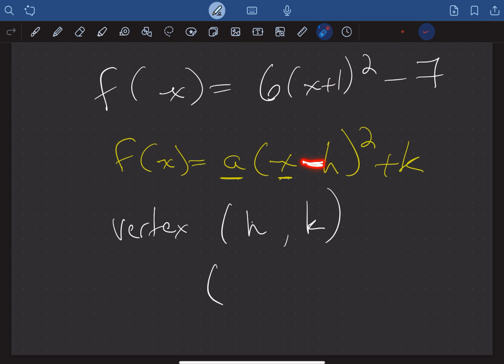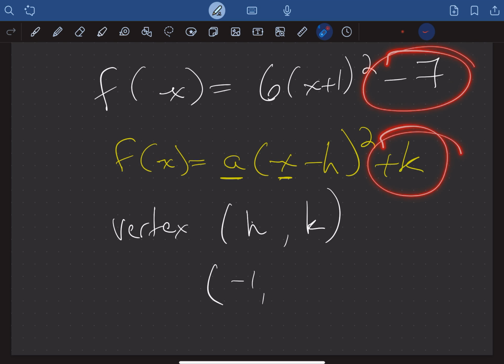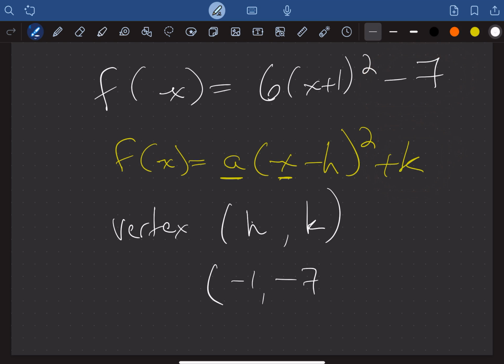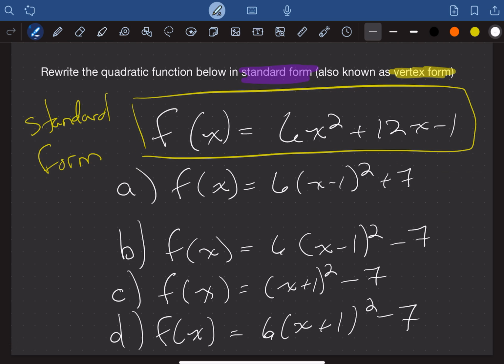But since the normal form is opposite of the form that we have up here, we're going to make this a minus 1. And then the minus 7 is explanatory because this is supposed to be plus k, but it's actually a minus k. So this is minus 7. So the vertex form for this equation is going to be 6 times the quantity x plus 1 squared minus 7, which is d.